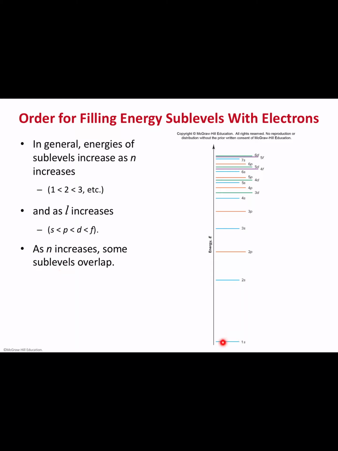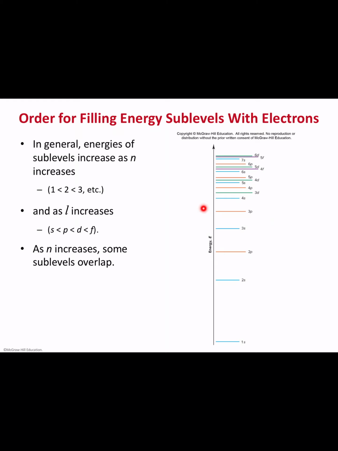So 1 is going to be the lowest energy level. When the electrons are being filled, it's going to first fill up the 1s level, and then it goes to the second level. In the second level, you have 2s and 2p, and we know that the 2s is lower in energy compared to 2p due to penetration. In the third level, we have 3s, 3p, and 3d.